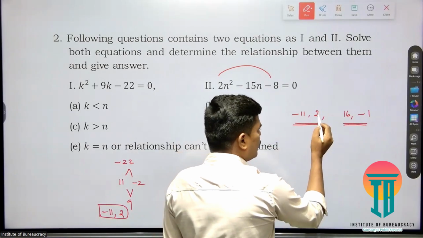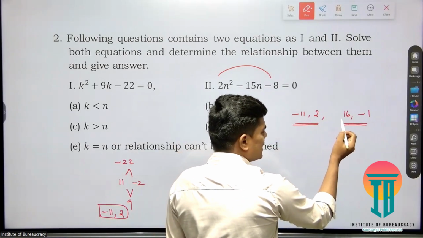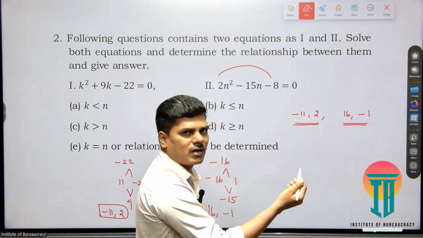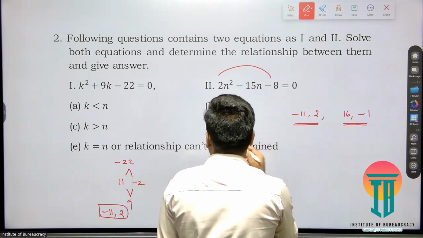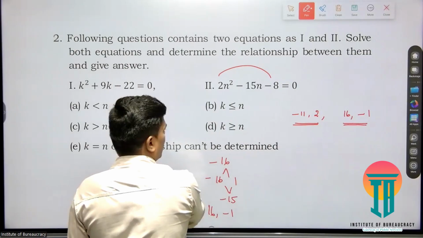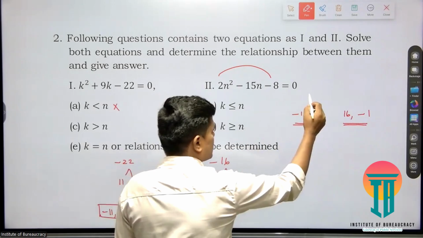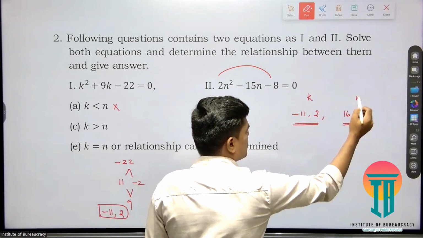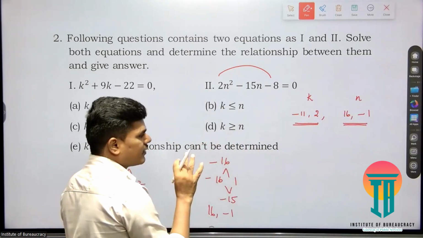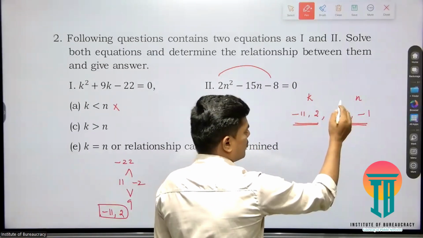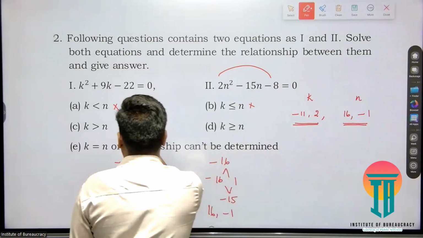But 2 is less than 16, but 2 is not less than minus 1. Therefore, this is not okay. So these are your K values, and these are your N values. So K less than N is not working. Same way, K less than or equal to N, equal to also not working. So these two are not working.